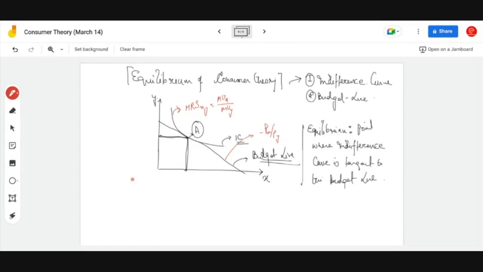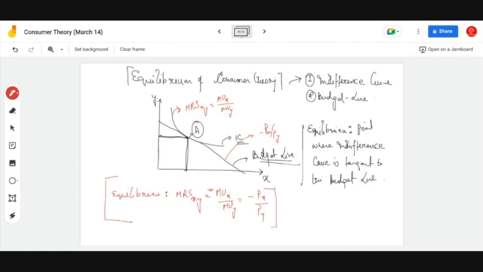So the equilibrium point is where MRS x,y is equal to MUX upon MUY is equal to PX upon PY, with the MRS taken as negative. So this is the condition for the equilibrium point.